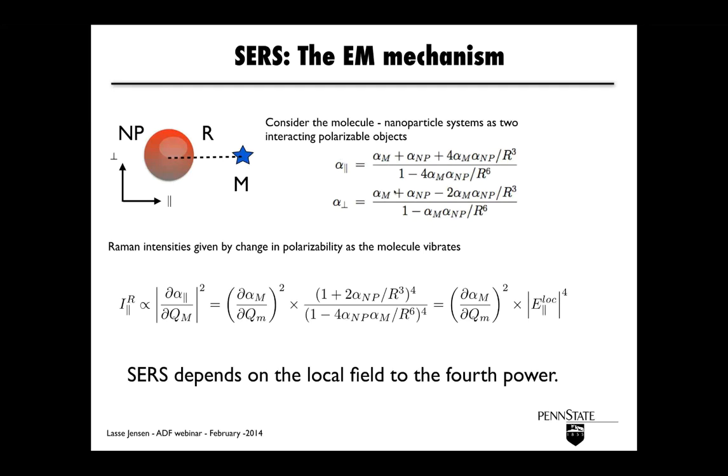If you then look at the change in the total polarizability due to vibrations in the molecule, which is directly related to the intensity that you measure in Raman scattering, you get terms that scale as the intensities you would expect from the free molecule times this additional factor, which is the local field to the fourth power. So the reason surface-enhanced Raman scattering gives you this large enhancement is this E to the 4 type dependence close to the surface.